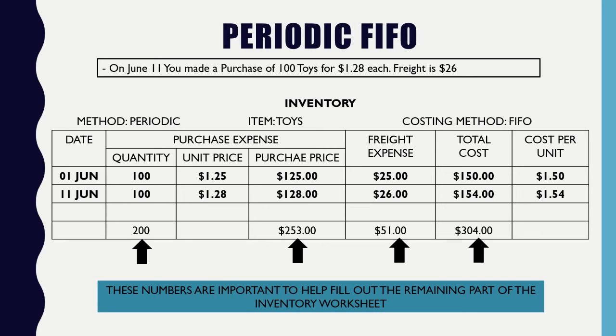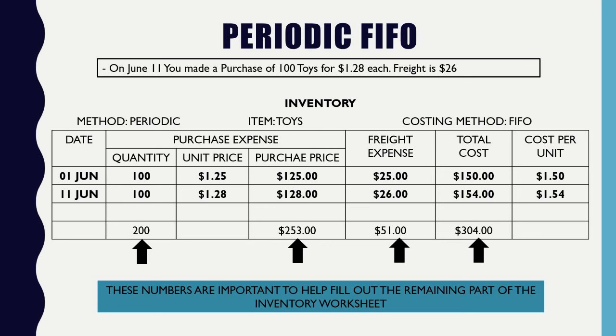And then you're going to get your total cost. Now, you can either add up the column or you can add up your total purchase price plus your total freight. It doesn't matter how you solve it, just as long as this number is the total cost of your entire purchases, which gives you 304. Those are the only 4 columns that you need to add up or calculate the totals for.